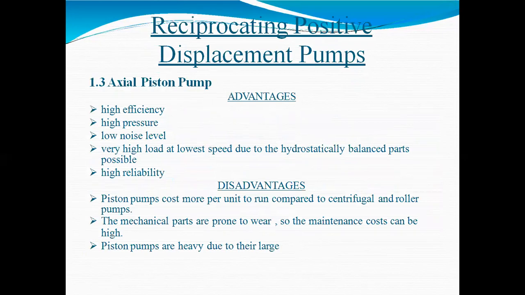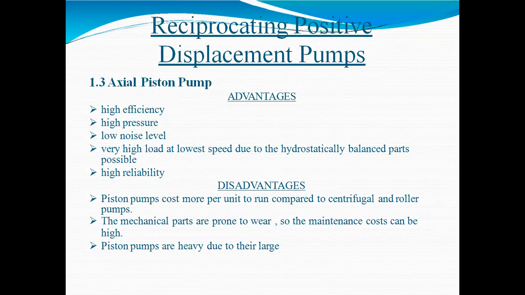So your axial piston pump has advantages over the other types of pump: it has high efficiency, it can generate high pressure, create low noise, and it can handle high load at low speed applications. Then it again has disadvantages: it has more cost as compared to a centrifugal pump and other types of pump.